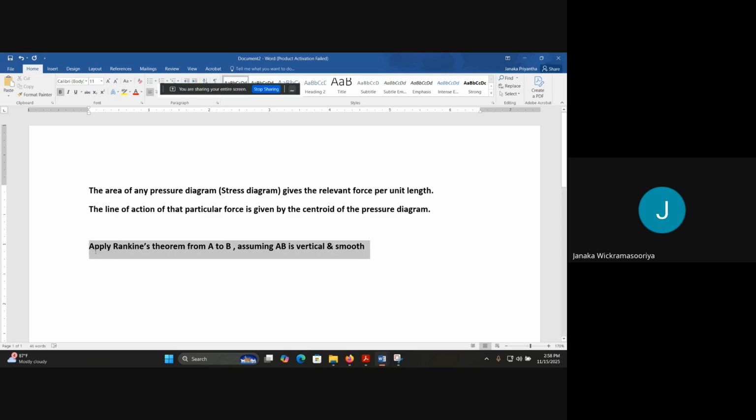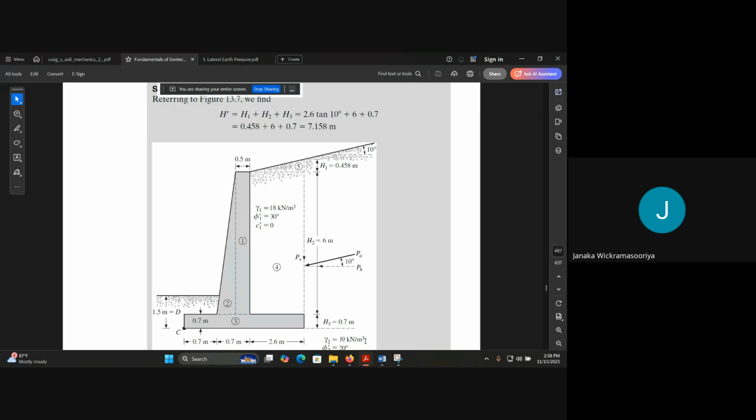Right? This is very important because based on this assumption, we apply this equation. So you can write this one, and you can do this calculation first. If you have any questions, please ask. Right?